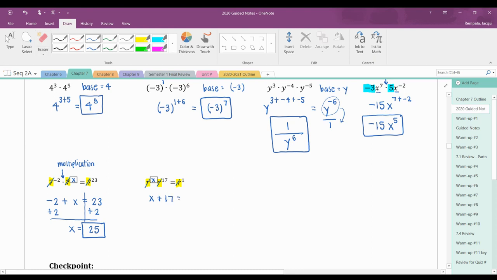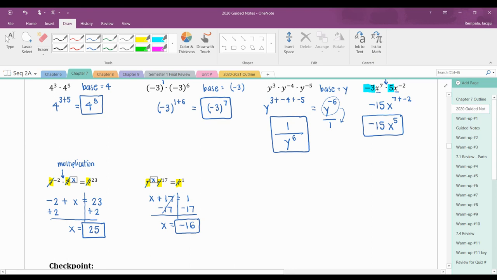So we have X plus 17 equals 1. And so now my goal to solve for X is to move the 17. So the opposite of a positive is a negative. So I'm going to subtract 17, and that is going to then give us X by itself. 1 minus 17 is negative 16. That is the number that goes in the box.